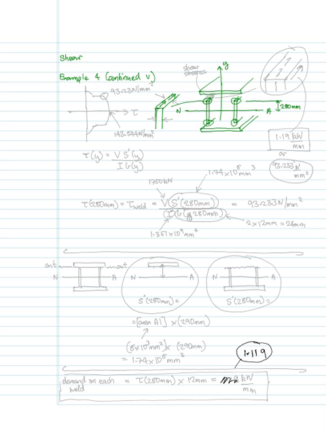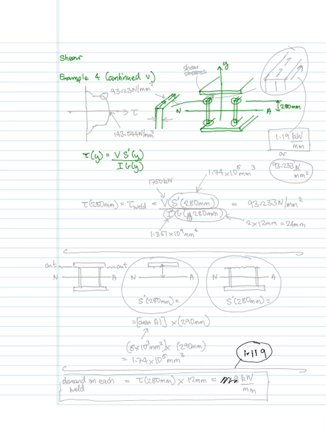So we go back to our equation. Tau as a function of y is going to be equal to V times S dash as a function of y, and that needs to be I times b as a function of y.